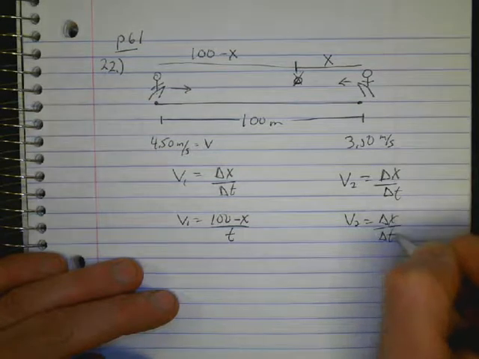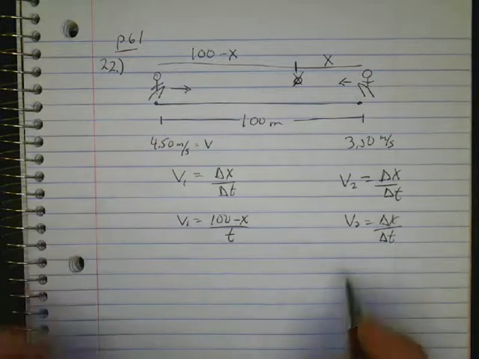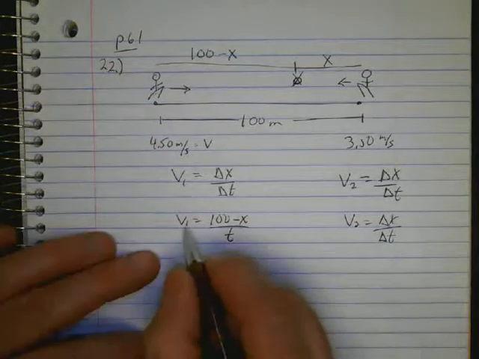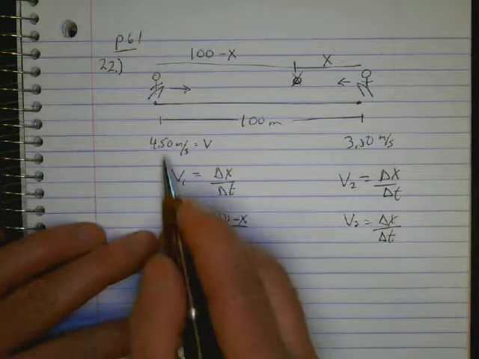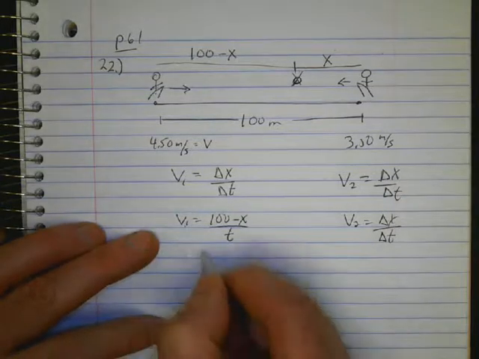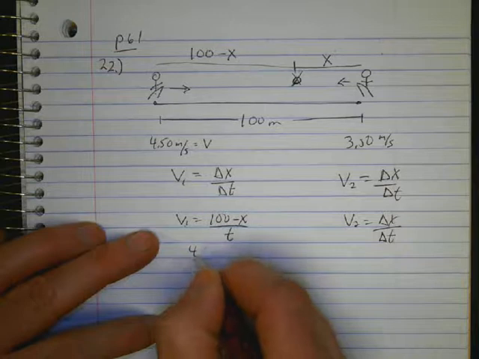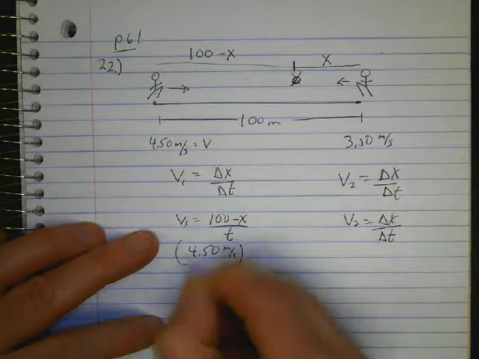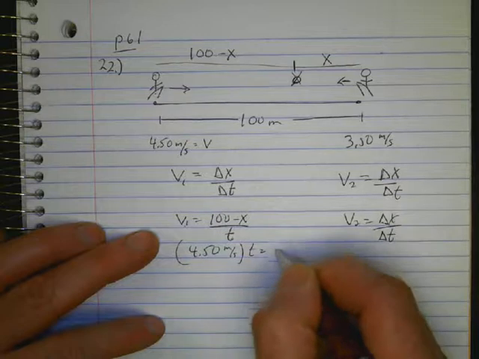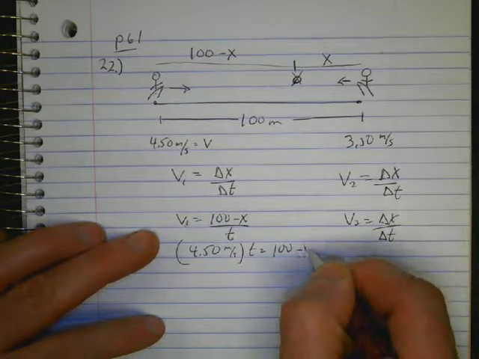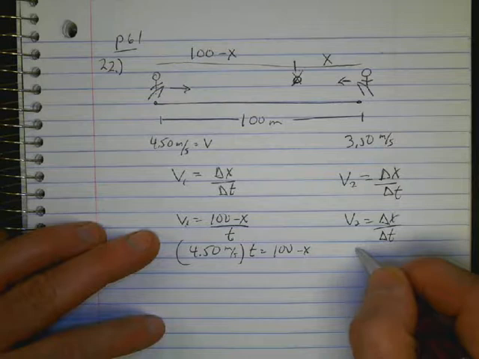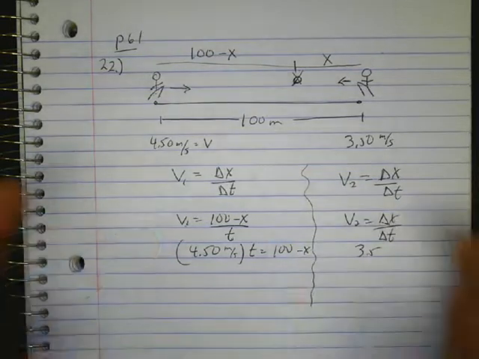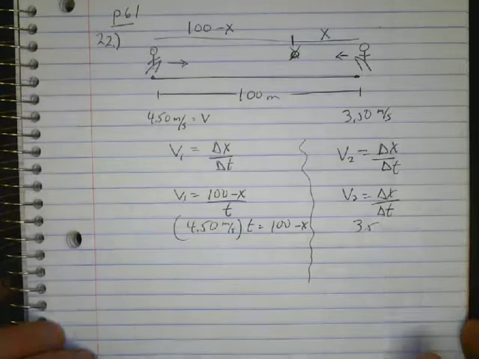So we're going to manipulate each of these equations to solve for t, and at the same time put in our values for the velocities. So this becomes 4.50 meters per second times time equals 100 less x. And this one becomes 3.5 times t equals delta x. I'm treating these as two separate parts right now.